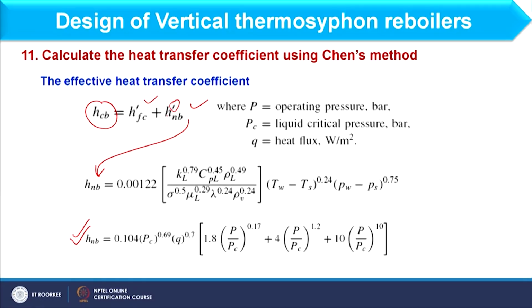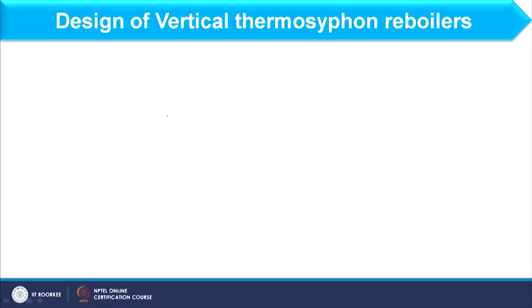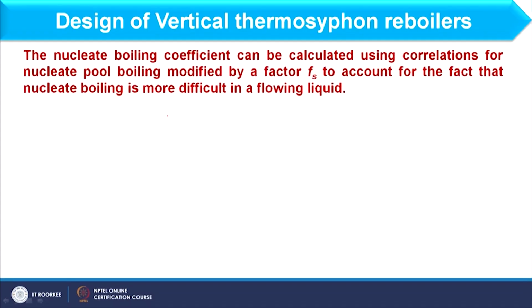So, let us start the calculation of heat transfer coefficient. First of all we will focus on the nucleate boiling coefficient. That can be calculated considering the correlations for nucleate pool boiling which we have just seen in the last slide, and that should be modified by a factor Fs, which accounts for the fact that nucleate boiling is more difficult in flowing liquid.